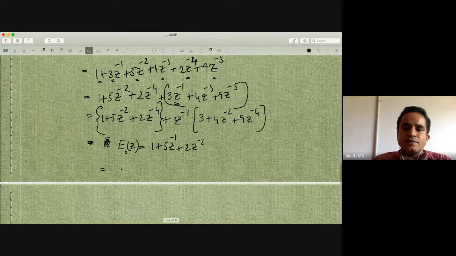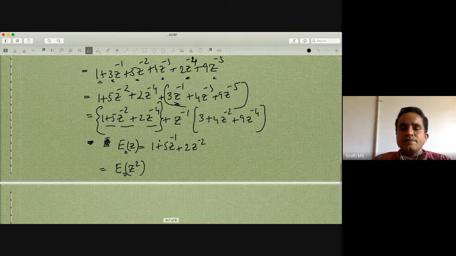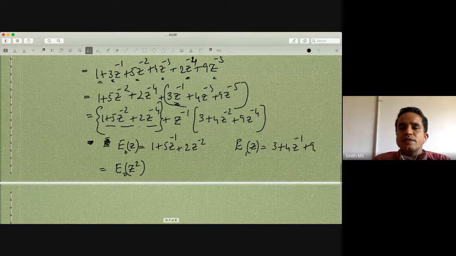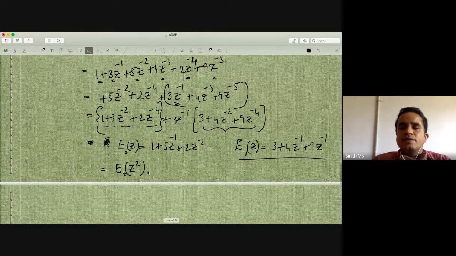It is E0(z square). Do you agree? If z is replaced by z square, you will get this term. And similarly, suppose you put E1(z) as 3 plus 4z raised to minus 1 plus 9z raised to minus 2. Then this term corresponds to E1(z square). So this can be written as plus z inverse E1(z square).